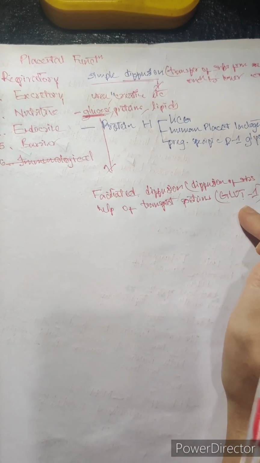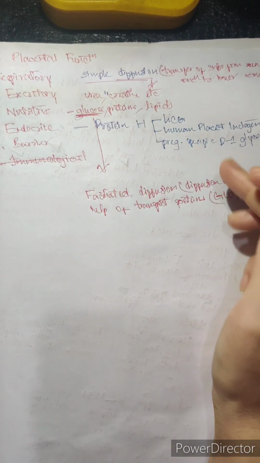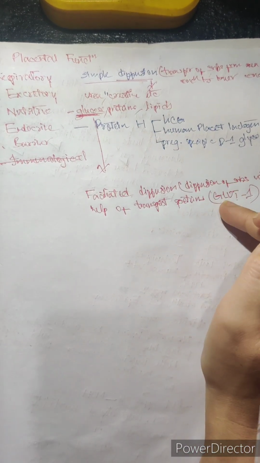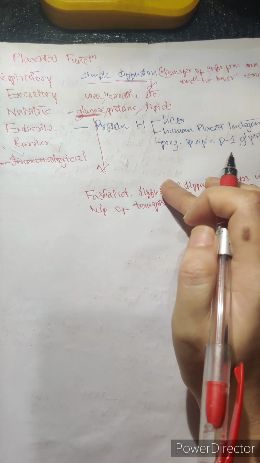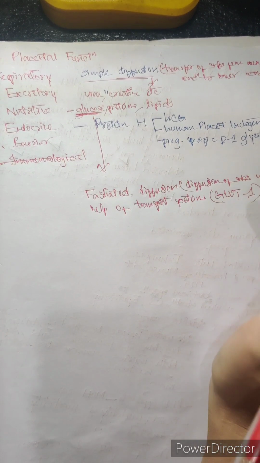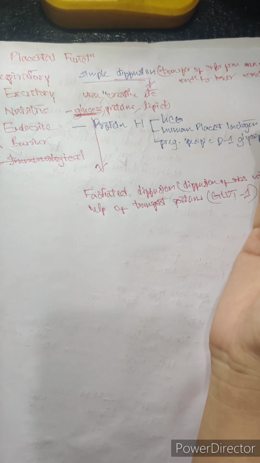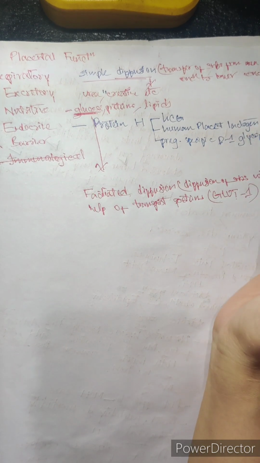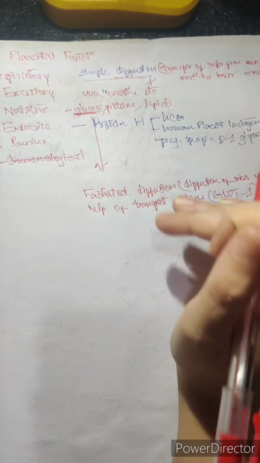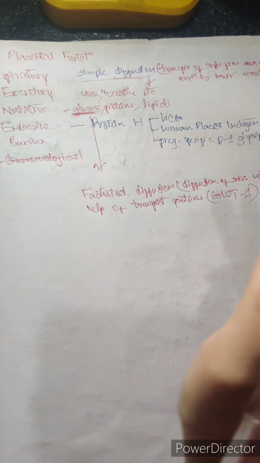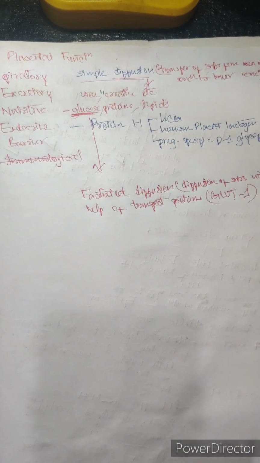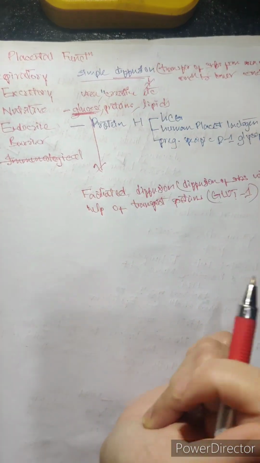With the help of these proteins, glucose or monosaccharides are diffused, or you can say transported, from the maternal blood to the fetal blood or fetal tissues. This is how the transportation of glucose takes place.